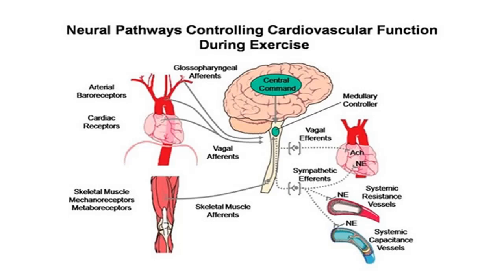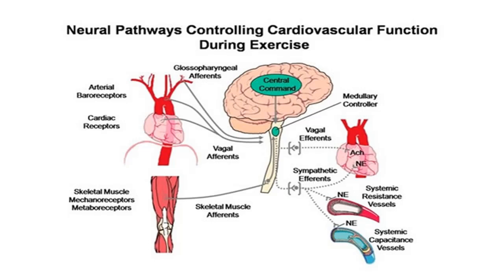Here you can see when a human wants to do an exercise, skeletal muscle mechanoreceptors and metaboreceptors send signals to the vasomotor center. Also cardiac receptors, baroreceptors and chemoreceptors send afferents to the vasomotor center.